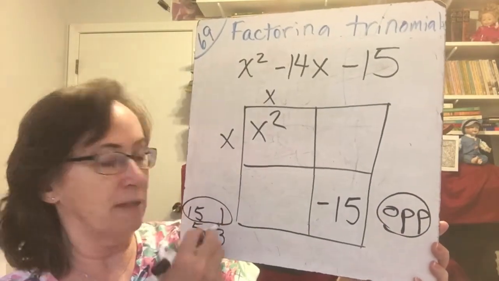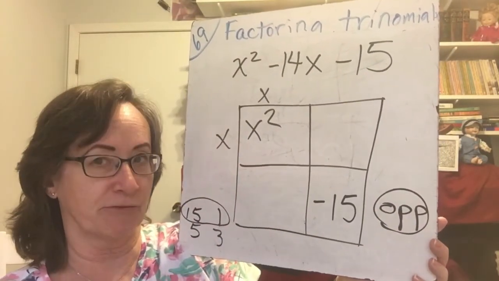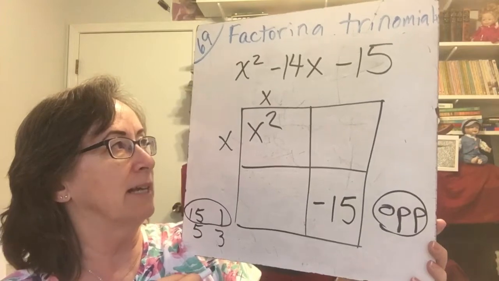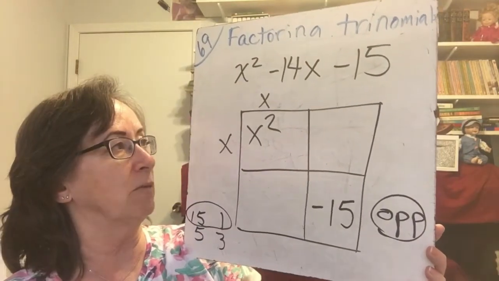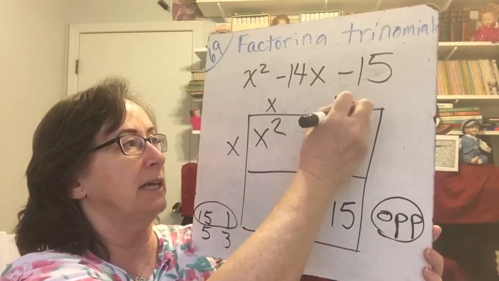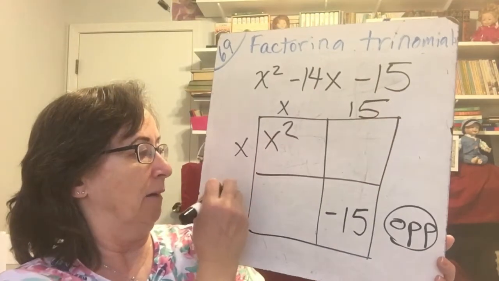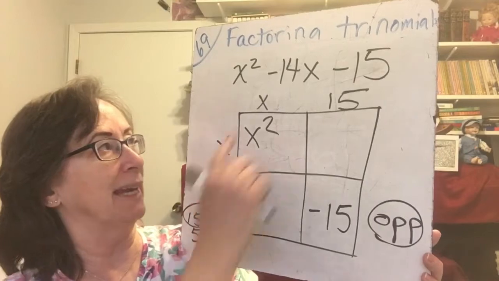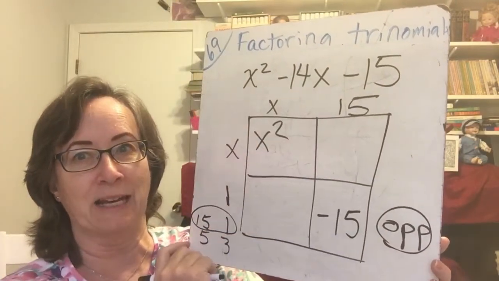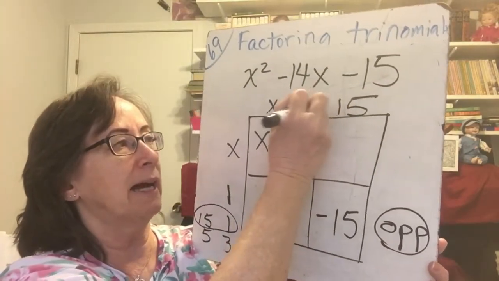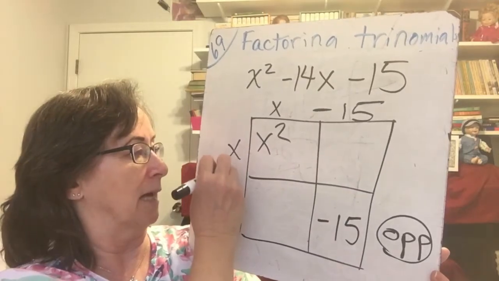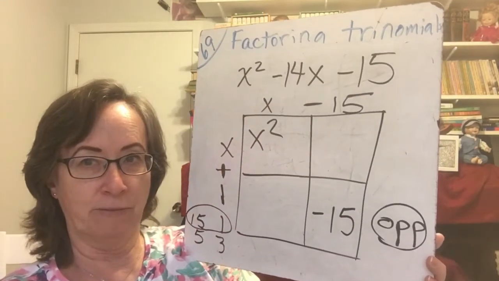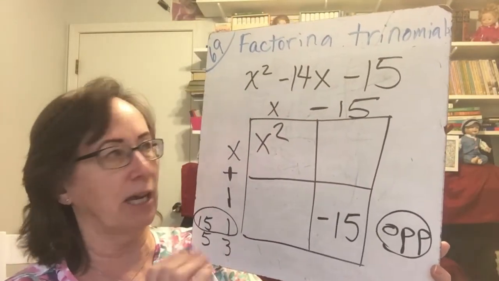Wouldn't I choose the 15 and 1 to get a difference of 14? Okay, so if I'm going to choose the 15 and 1, I'm going to put 15 and 1. I know one of my signs has to be negative, and I know that I wind up with a negative in the middle. That means the big guy's got to be negative, and the little guy's got to be positive. Positive 1, negative 15.